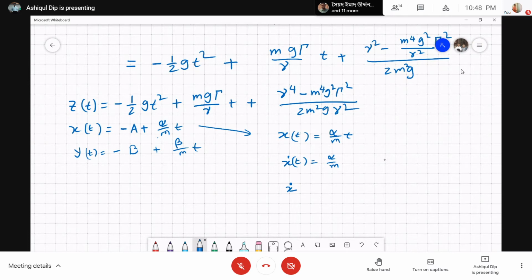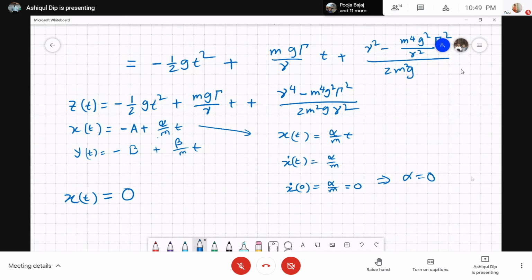So x dot at 0 is alpha by m, and that's also 0, giving alpha equals 0. So finally, the expression for x of t, after substituting the initial data, gives me 0, because there isn't anything left. Big A equals 0, small alpha equals 0 as well.